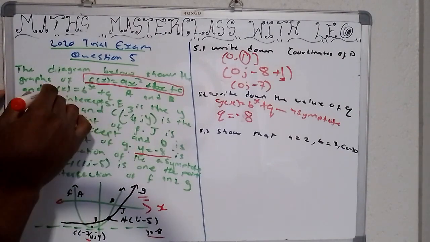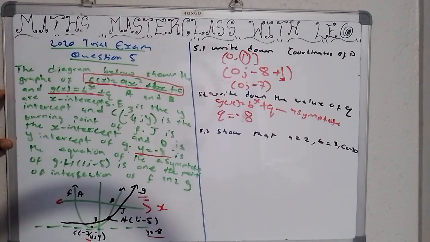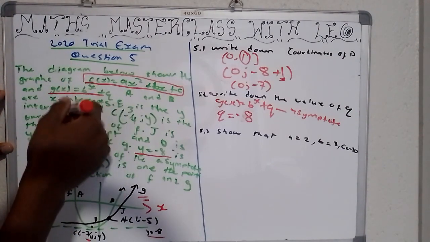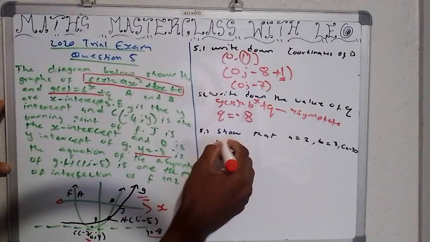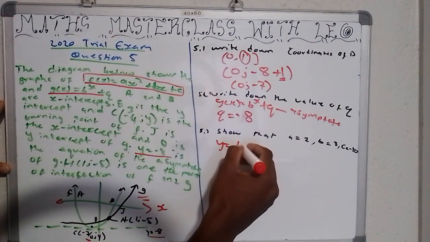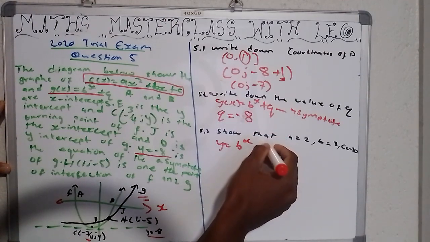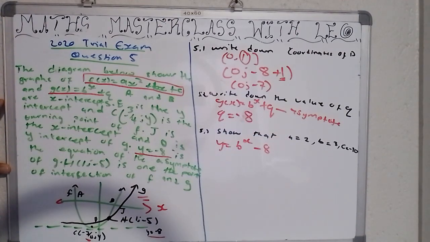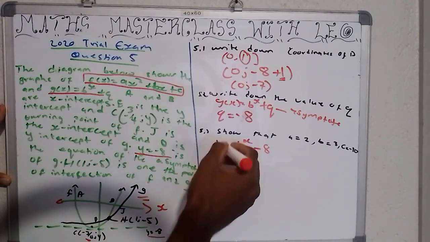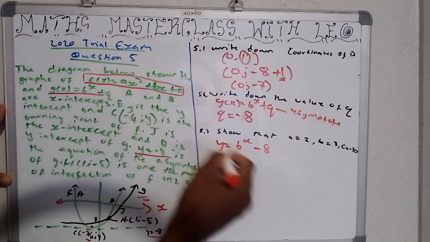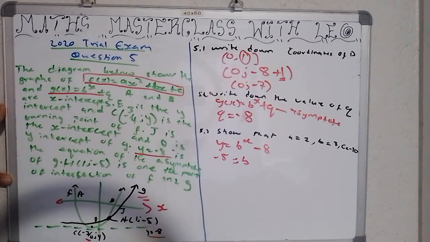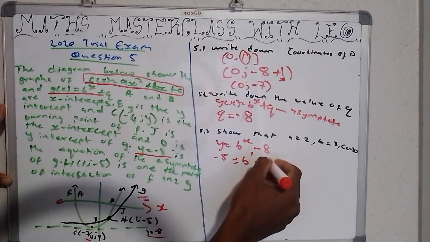I can use this to get the value of b, because y equals b to the power x minus 8, right? But I have extra coordinates, which is 1, negative 5. So y is negative 5. What is b to the power x? It is 1 minus 8, right?